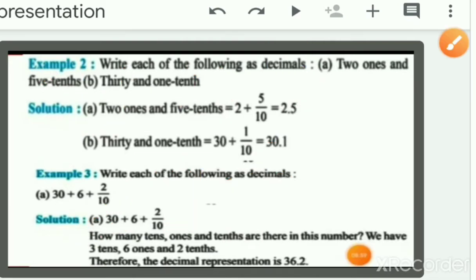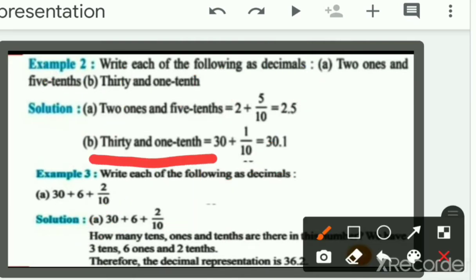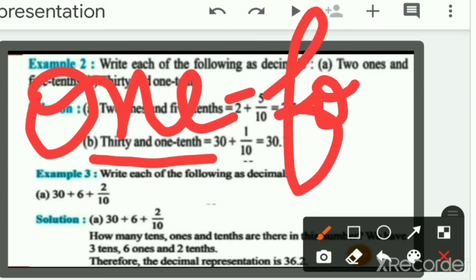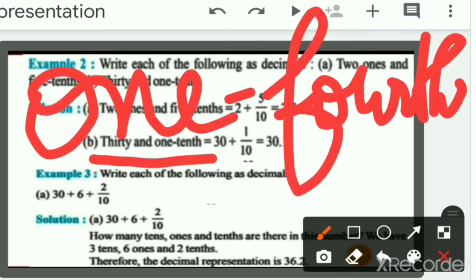Now we have the next one, that is 30 and 1/10. It is given 1/10. You know why? Because whenever there is a unit place, that time we will write only 1/10, not tenths. S will not come. If it is given 1/4, we are not putting S on that.